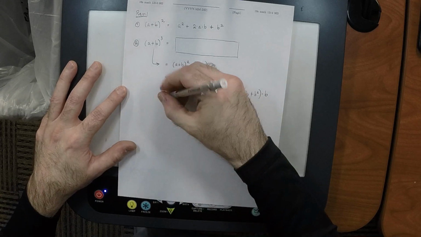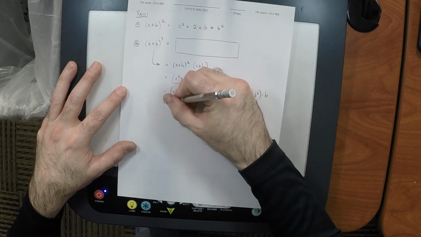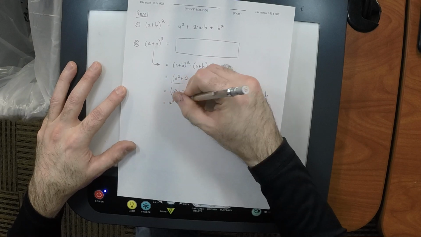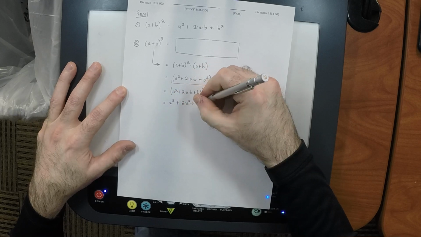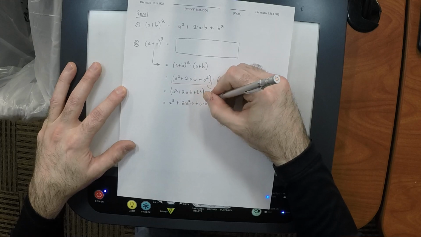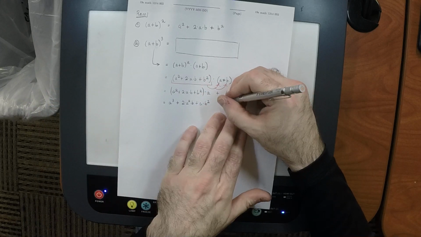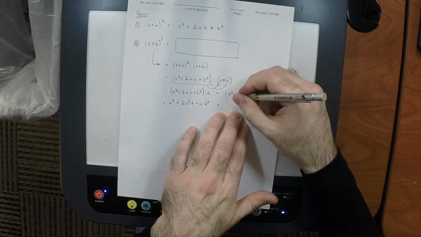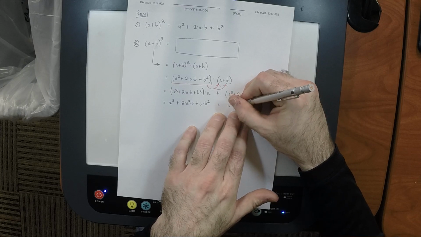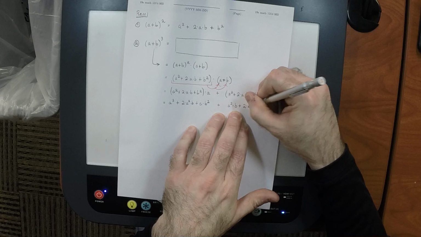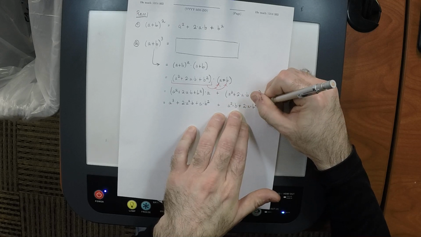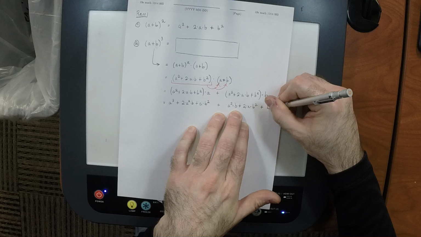Okay, so then doing that, a cubed plus 2a squared b plus ab squared plus a squared b plus 2ab squared plus b cubed.